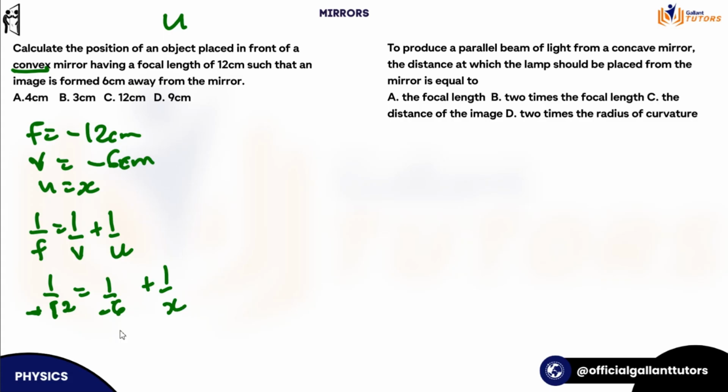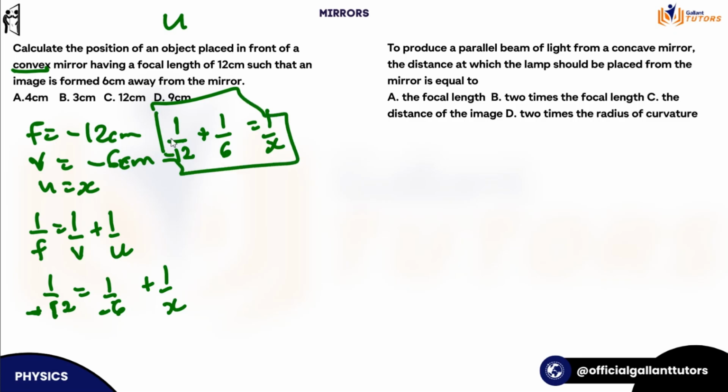So take this to the other side. We're going to have 1 over minus 12 plus 1 over 6. You can find the LCM and then get your answer here.